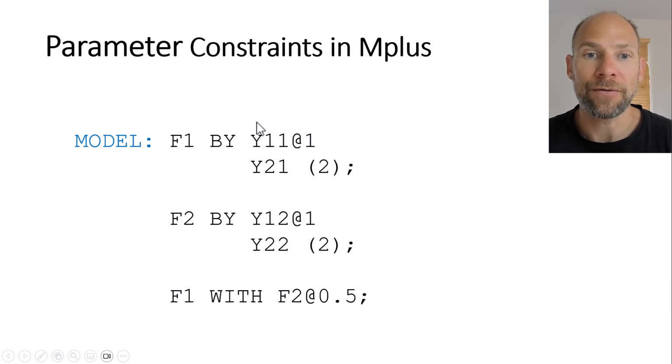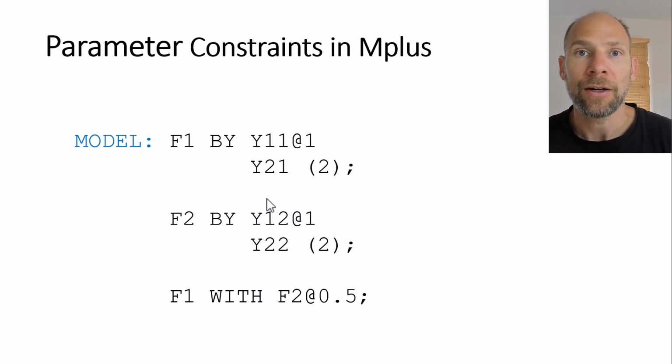So the first variable that is listed after the by statement in Mplus is always by default fixed to 1, that factor loading. So we wouldn't even have to tell Mplus that this loading should be fixed, because Mplus knows that there has to be a constraint imposed in order to identify the factor metric, and it uses the loading constraint as the default method.